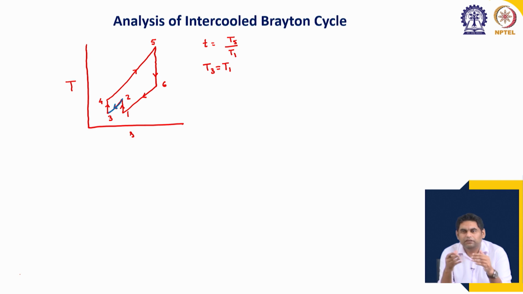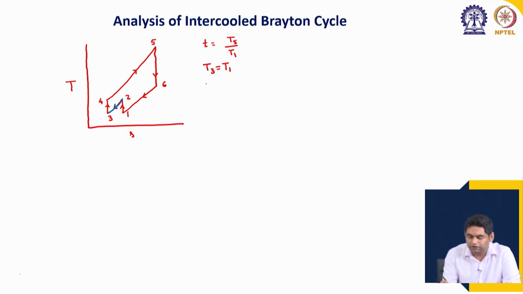So, generally the inexpensive water available at ambient condition is used in this heat exchanger. The minimum value to which the temperature of the air can go, theoretically, is as low as the ambient temperature T1. This also means that T is equal to T5 by T3, but let us keep it like this.